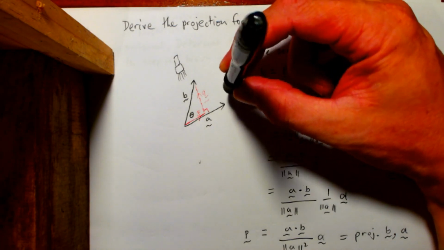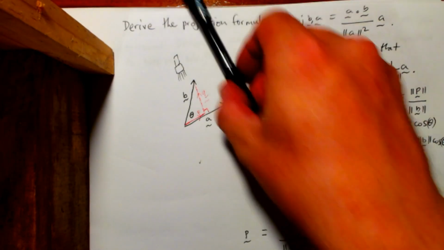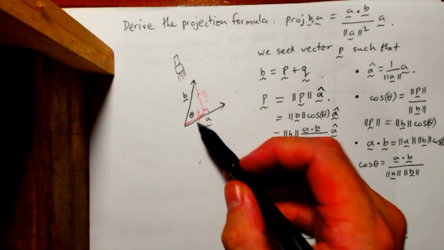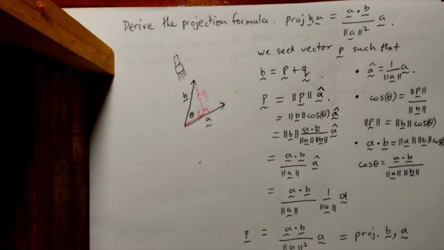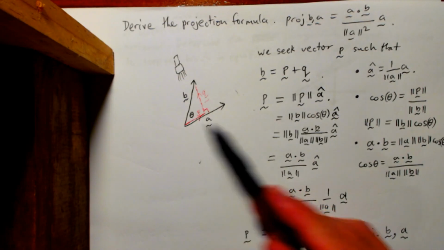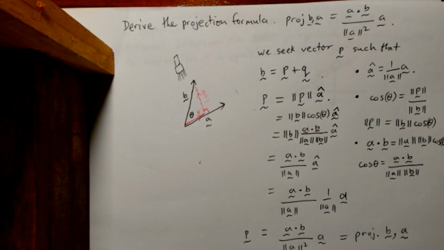If I angle that a bit, I do get a bit of a shadow projecting onto the vector A here. I think this diagram is a good enough analogy for what we're seeking here. It's as if you're taking the components of B not in an x and y direction, but in an A and perpendicular to A direction. So it's a different kind of components, if you will.